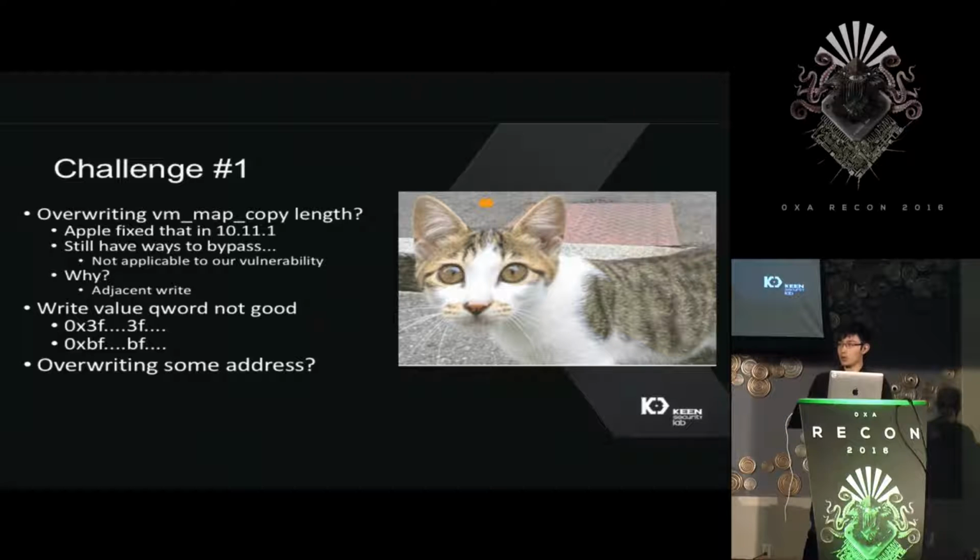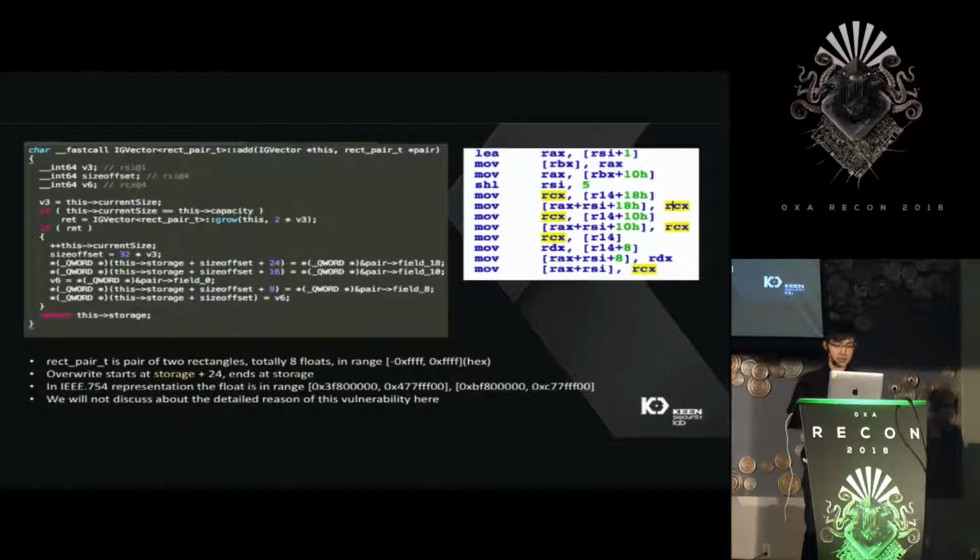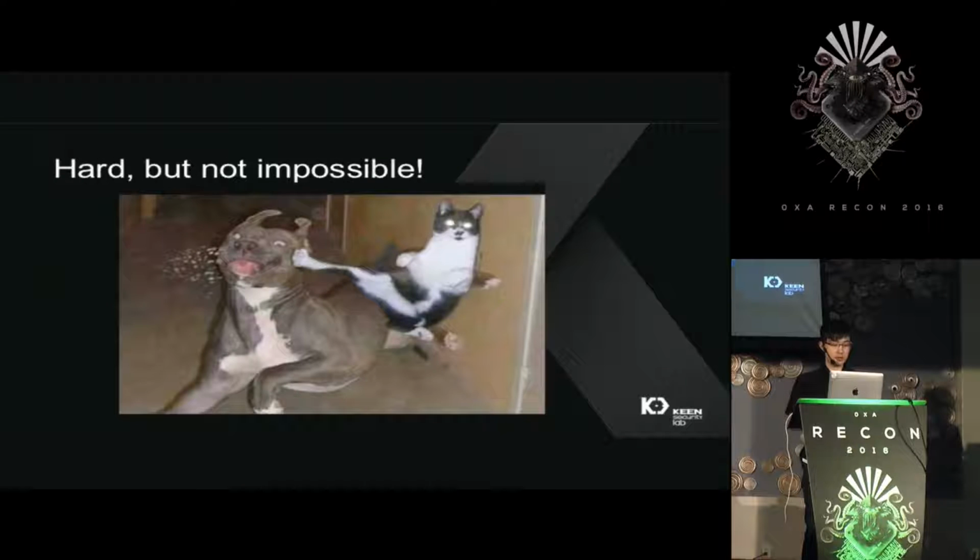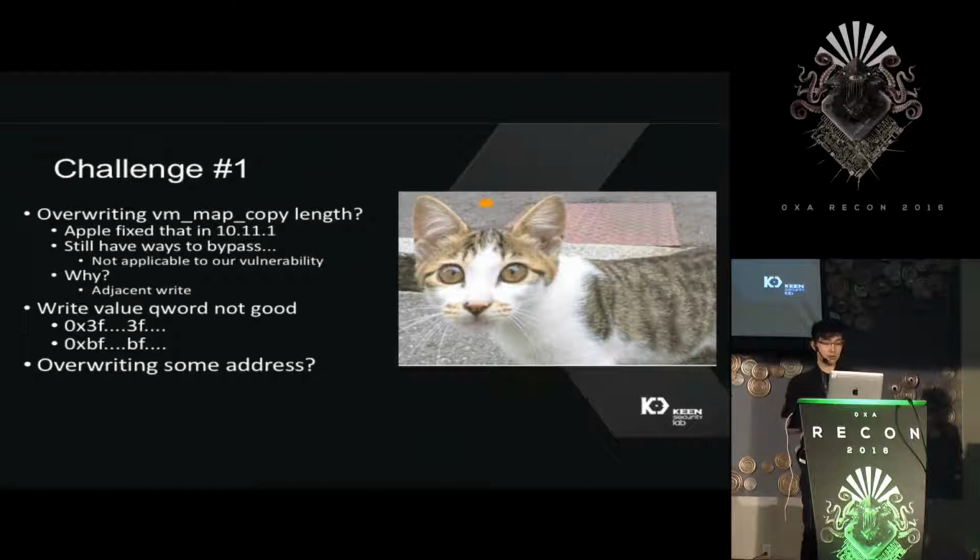Although we still have ways to bypass it, it's not applicable to our vulnerability because the Blizzard vulnerability requires a continuous write descending from high address to low address. If we choose to overwrite the length in the vm_map_copy, we will definitely also overwrite the header of the vm_map_copy, and it will lead to a kernel panic.